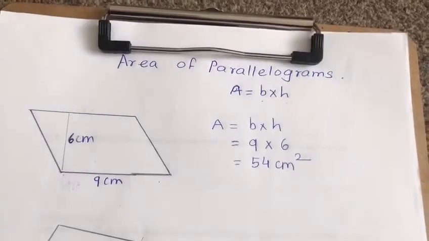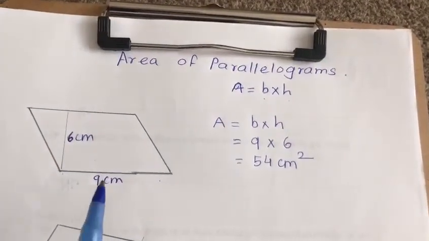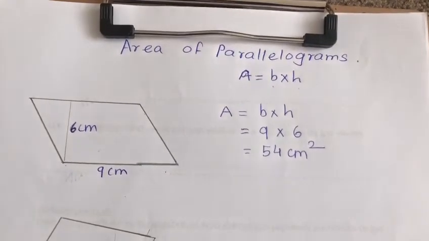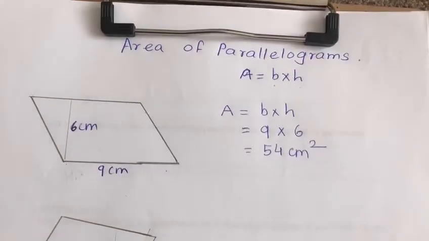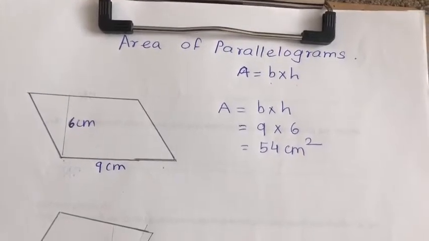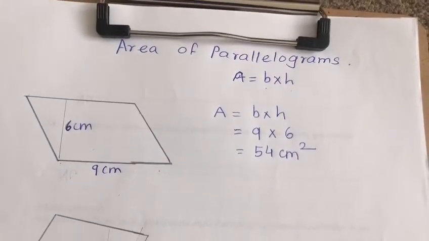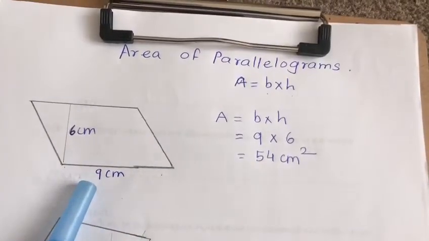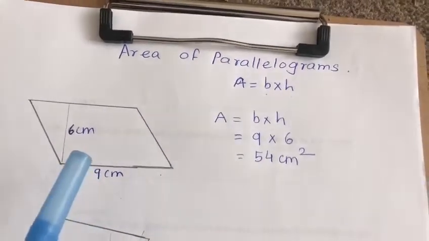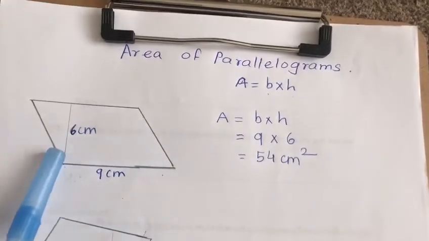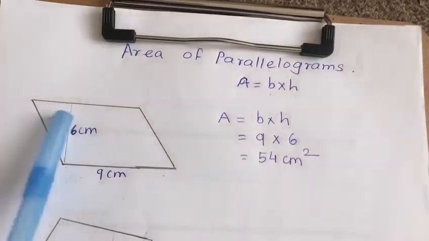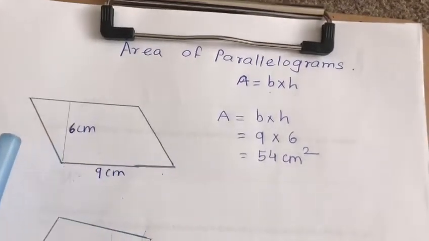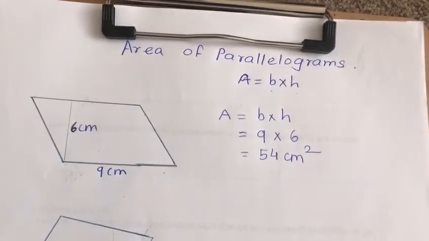While finding out the area of rectangle, use the formula length times width or base times height. So the same formula we use here to find out the area of parallelograms. There is only one difference in between rectangle and parallelogram, that is, in parallelogram there is no right angle, but in rectangles there are 4 right angles.